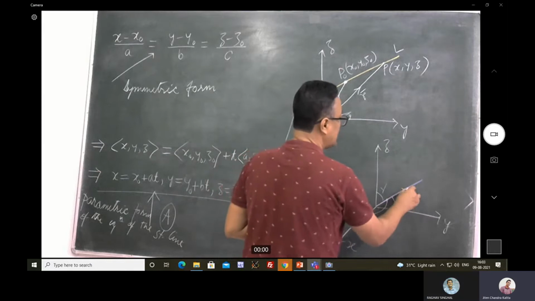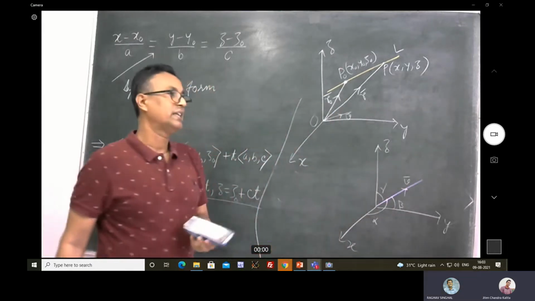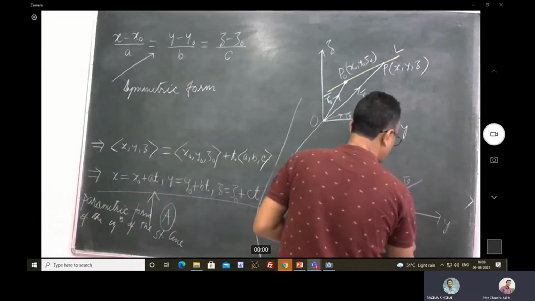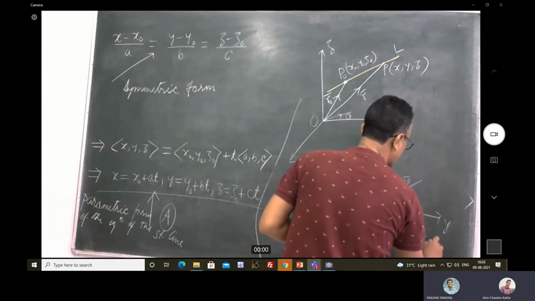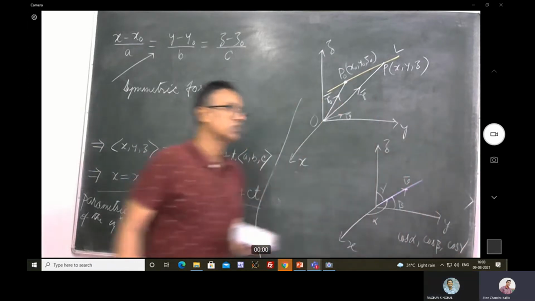That is what the vector makes with the x, y, and z axes. And we call cos alpha, cos beta, and cos gamma the direction cosines.